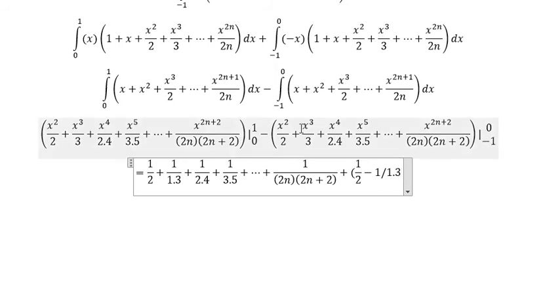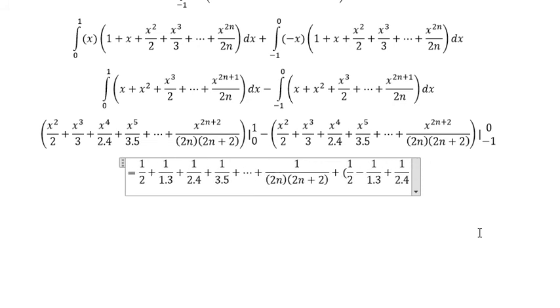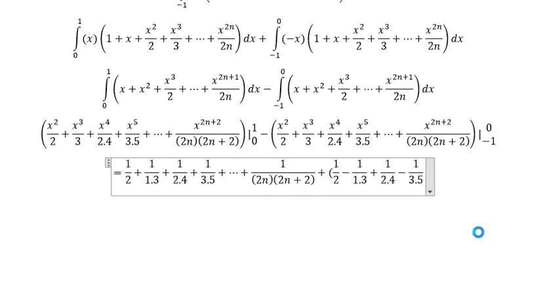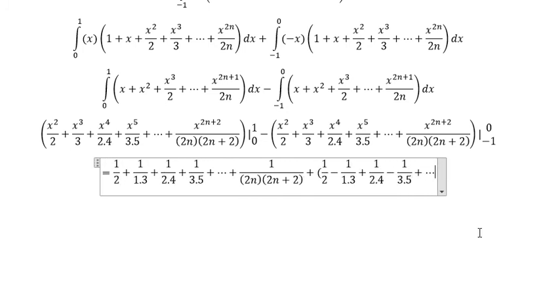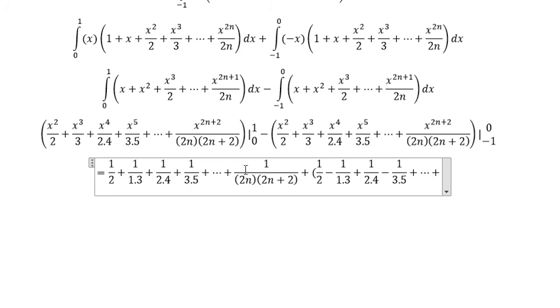Because negative 1 put in here gives negative, but this one will go to positive, because 2n plus 2 is an even power, so you get positive here.